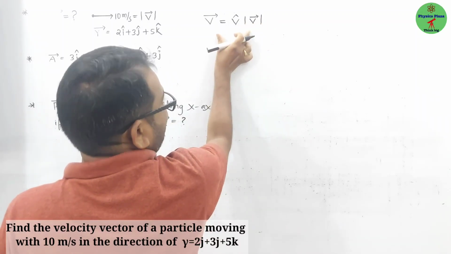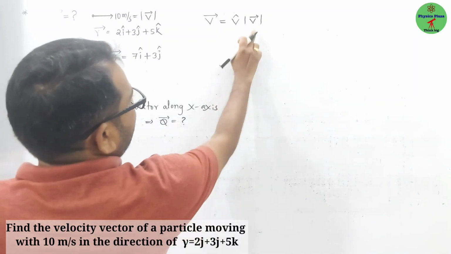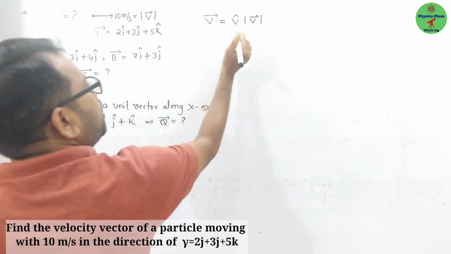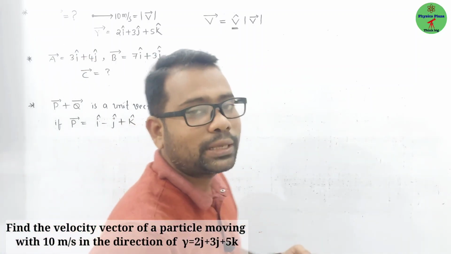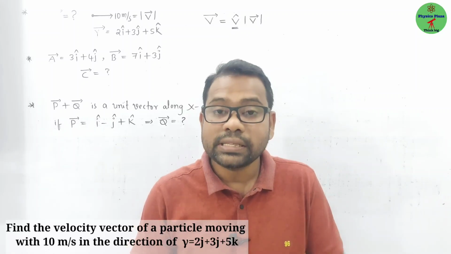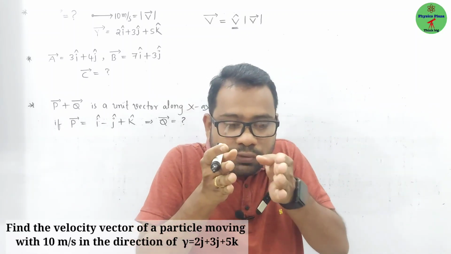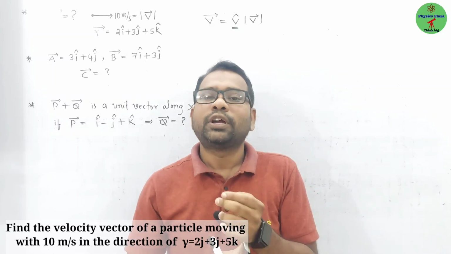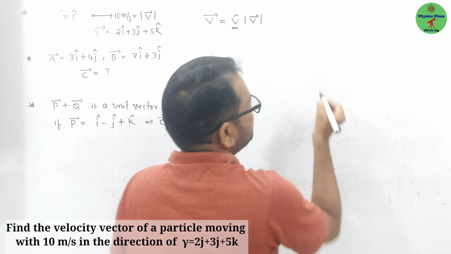This is a concept from the unit vector definition. The magnitude value is given, 10 meter per second, but how do we know the unit vector of the velocity? They said it is in the direction of displacement. So the unit vector of velocity and the unit vector of the displacement are the same. So which means what here?